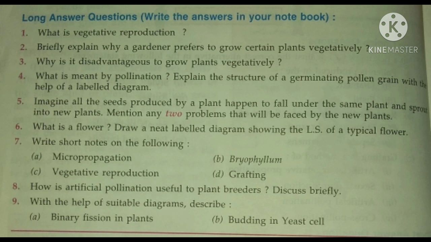Next, imagine all the seeds produced by a plant happen to fall under the same plant and sprout into new plants. Sprout means they develop into new plants. Mention any two problems that will be faced by the new plants. So, for the answers you can see the disadvantages of vegetative reproduction again.